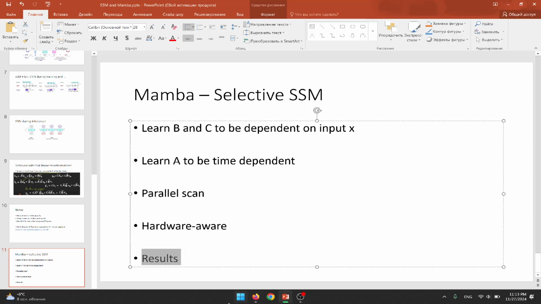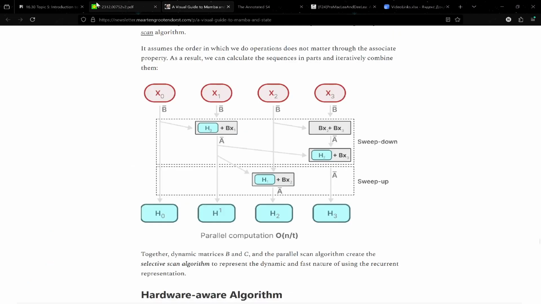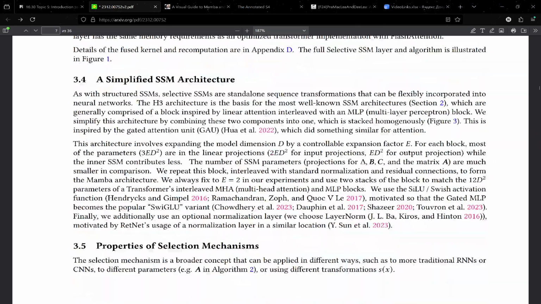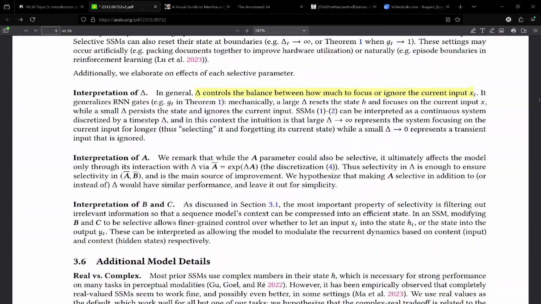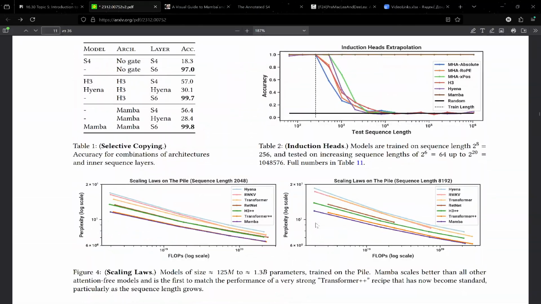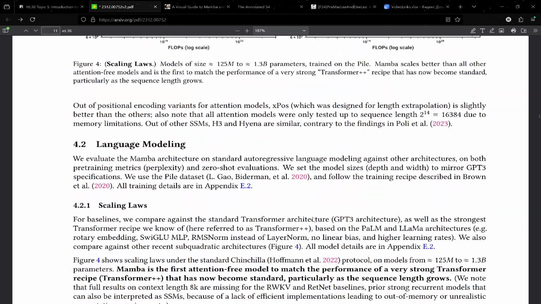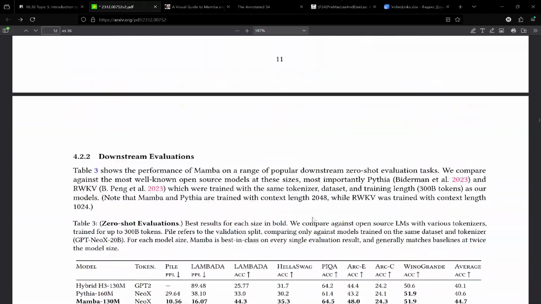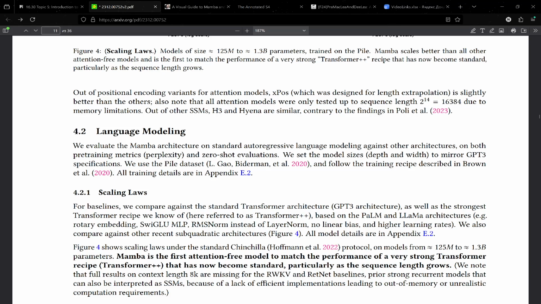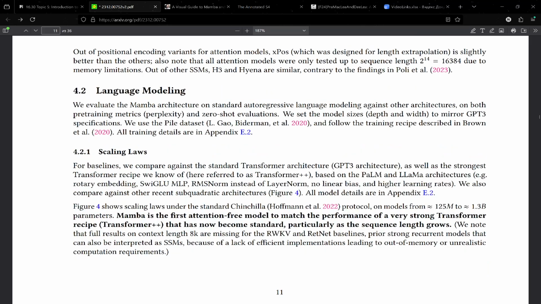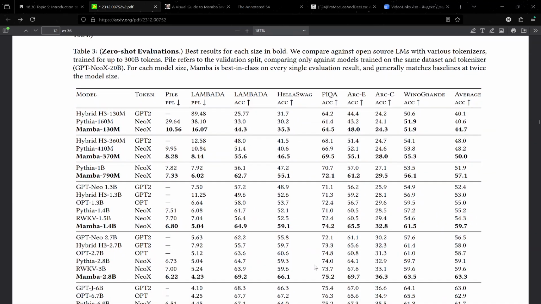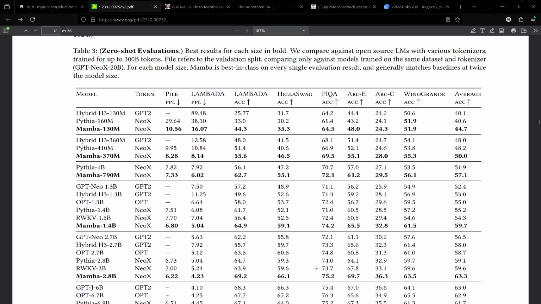And now let's discuss the results of this architecture. Actually, it is state of the art in some benchmarks. Here they talk about how it scales well. It is near the Transformer++ architecture. And also Mamba is very good for long sequence tasks.